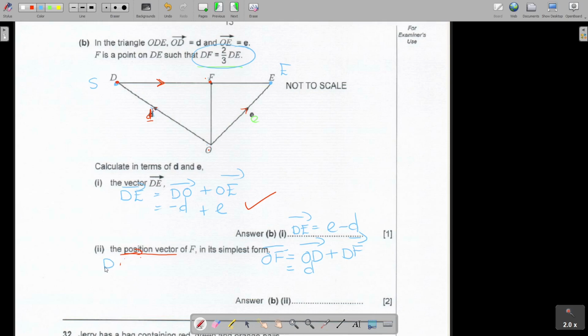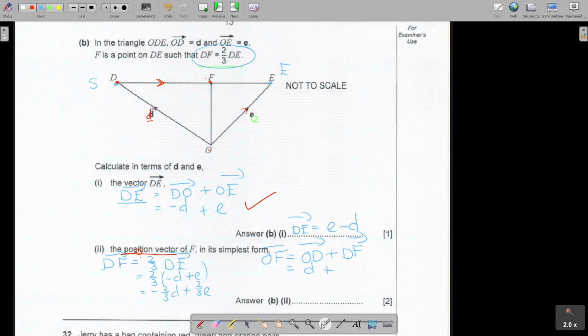Now, let's find DF because I have this clue. So, if I want to find DF, I'm just going to use that clue. It's 2/3 of DE. And now I look up. I have DE. So, it's 2/3 of negative D plus E, which is negative 2/3 D plus 2/3 E. Okay, so OD, remember, is D, plus, now I put DF.